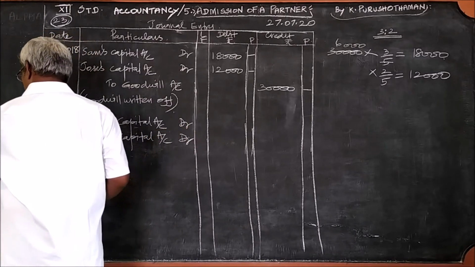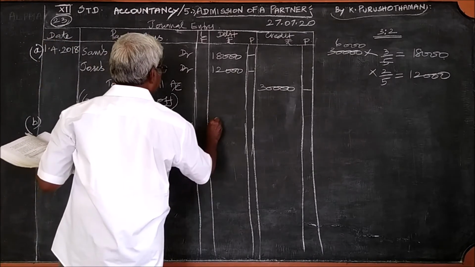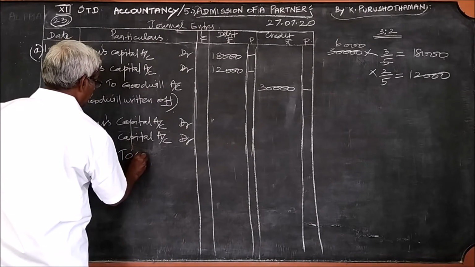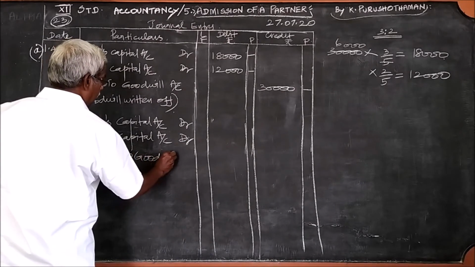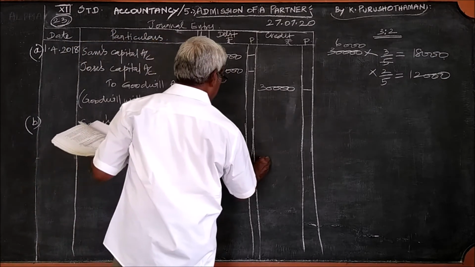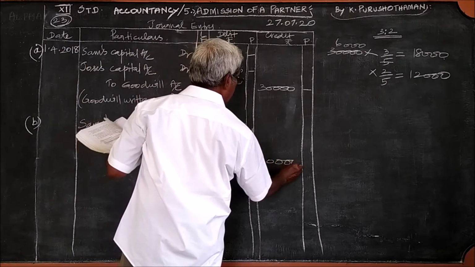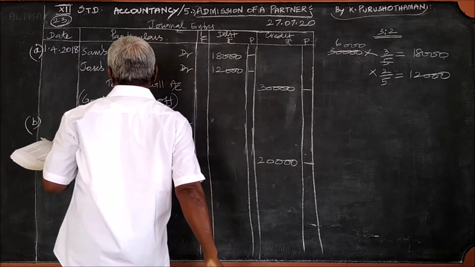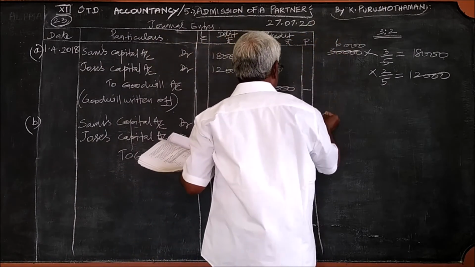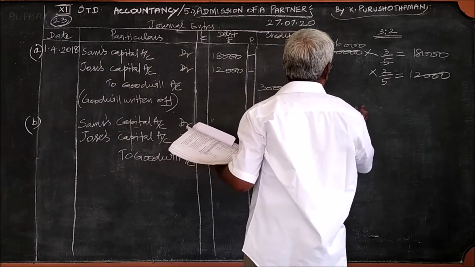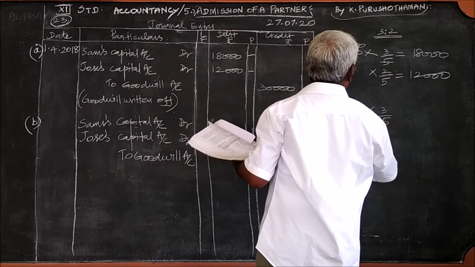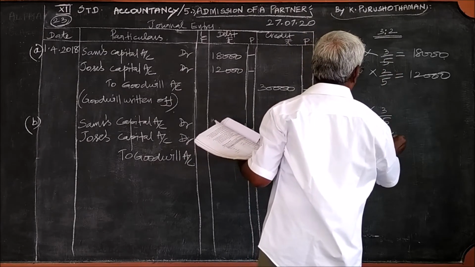The amount written off is only 20,000, to goodwill account. This 20,000 must be divided according to the ratio. So 20,000 into 3:2, that is 3 by 5 and 2 by 5.